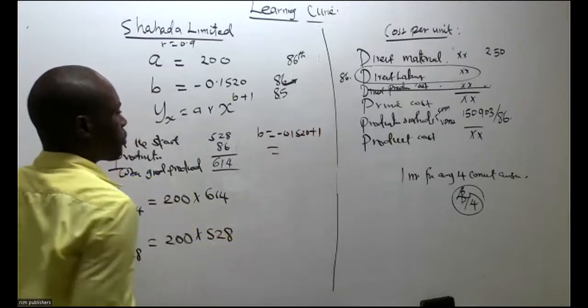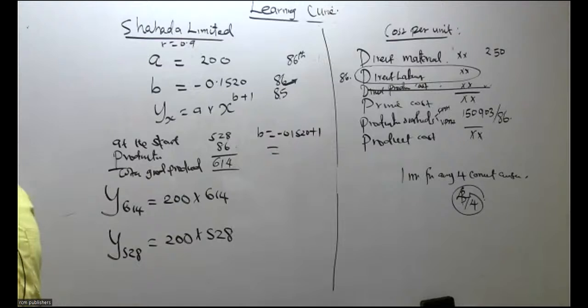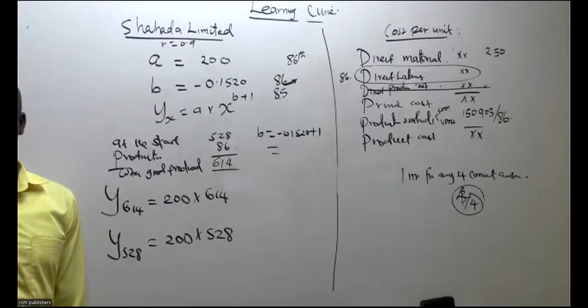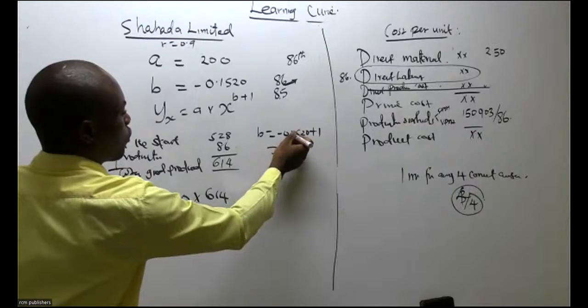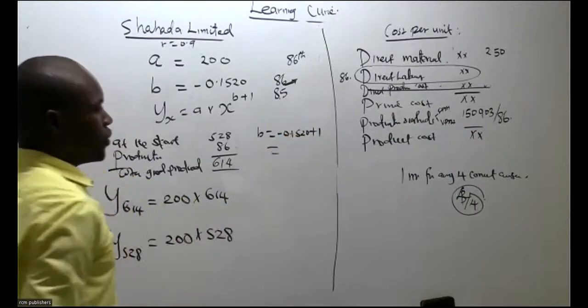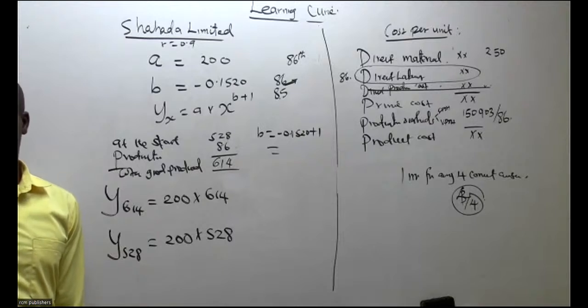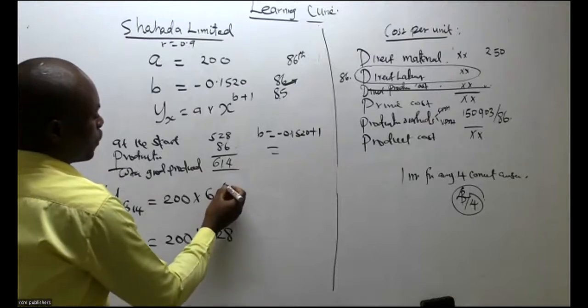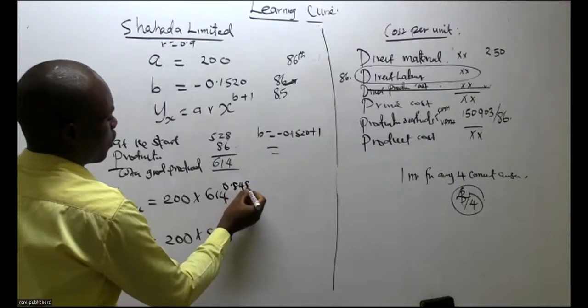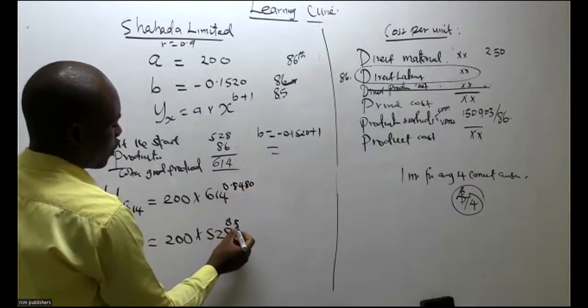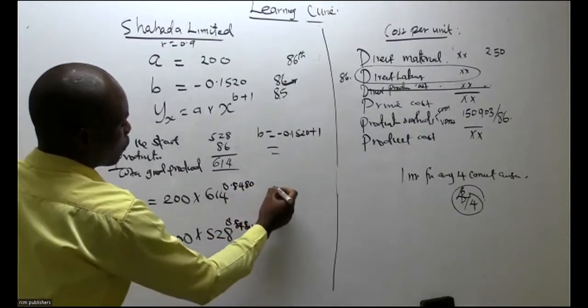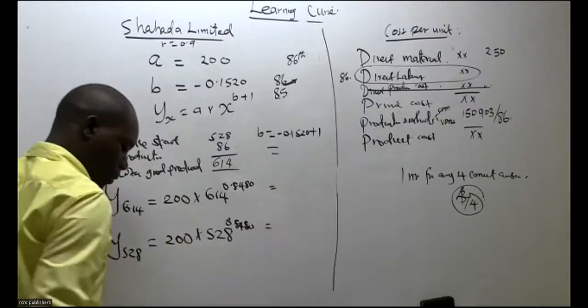So what will b plus 1 be? It will be 0.8480. So go ahead and give me the totals for each.